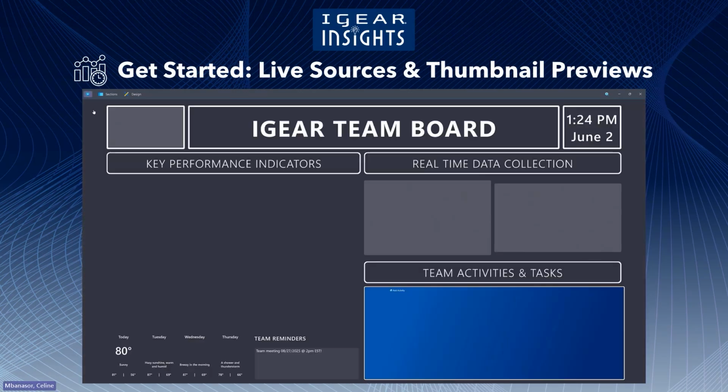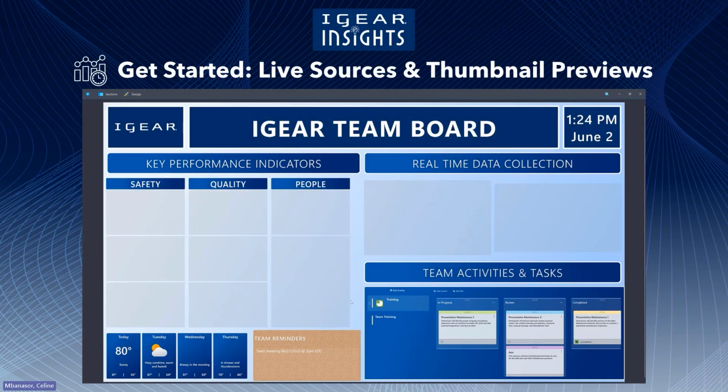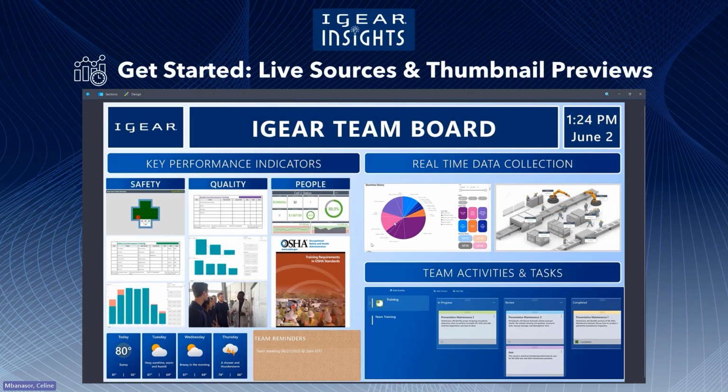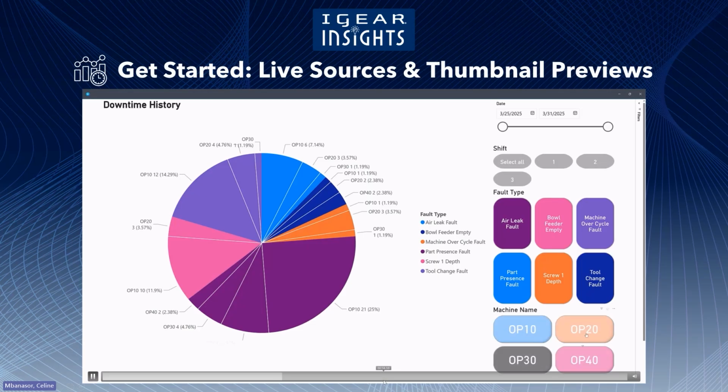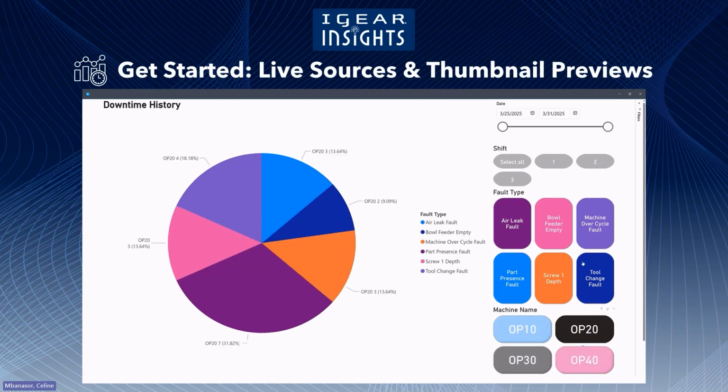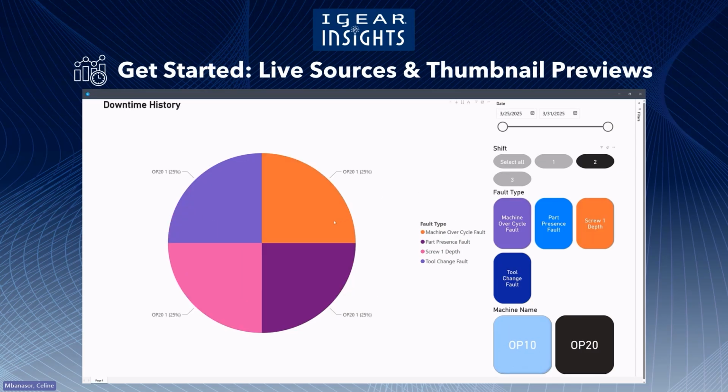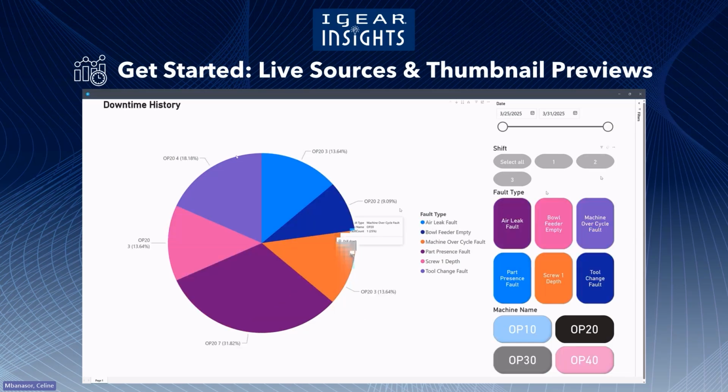With your Power BI reports, typically when you're printing out a Power BI report as paper, it's going to be more of a static type of view. Here in this view, you're able to drill down into that information. So if you have particular filters or criteria set, you can drill down to the shift, the machine name, even the fault type to get a better understanding of your data and really promote continuous improvement from there.